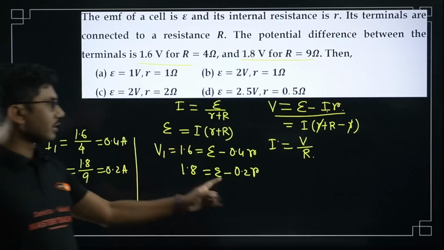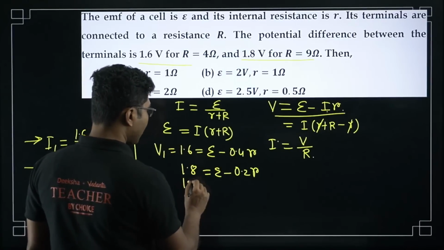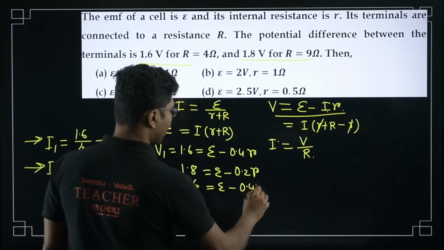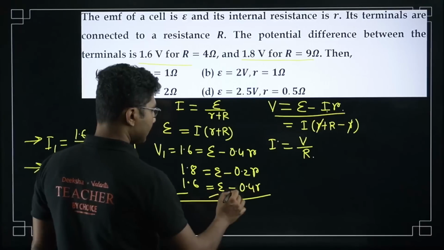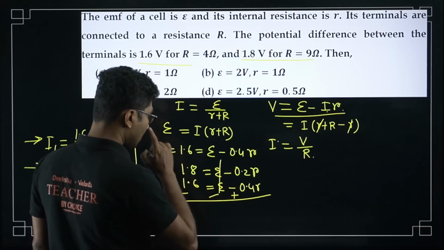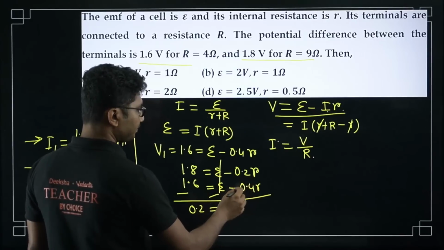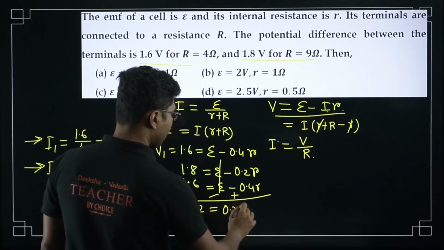Epsilon and r values are the same. Now let me rewrite this at the bottom, epsilon minus 0.4 r. So now we just need to subtract, epsilon cancels, we get 0.2 equals 0.4 minus 0.2, that is 0.2, into r.